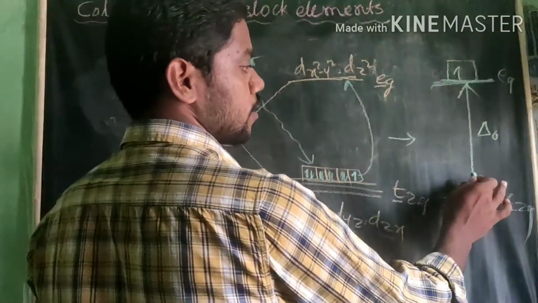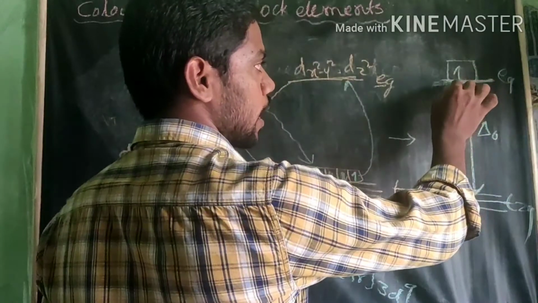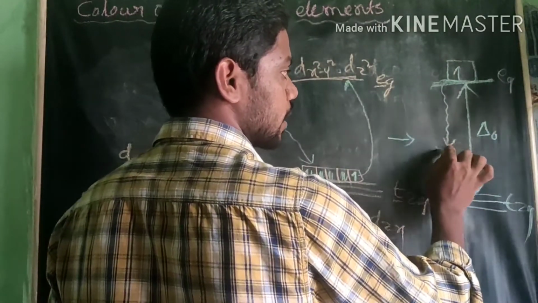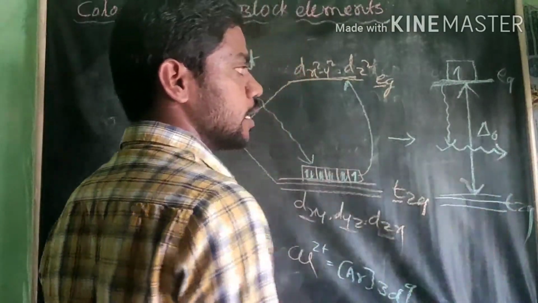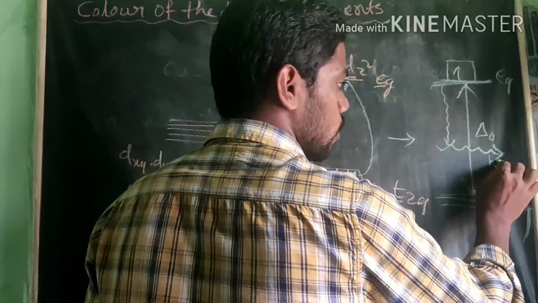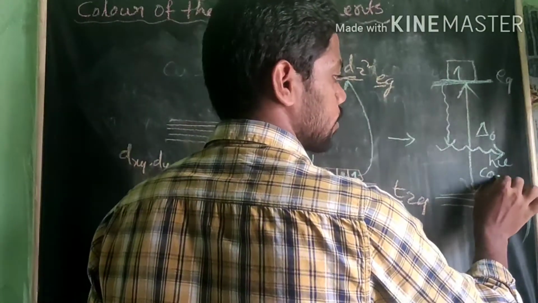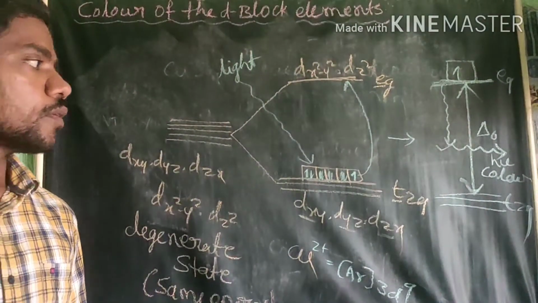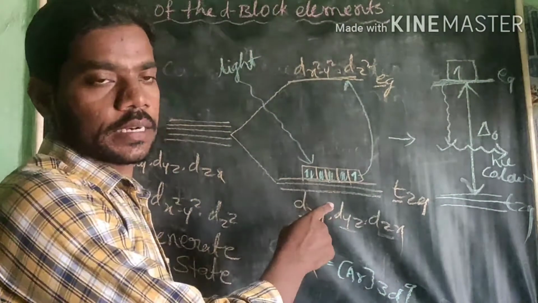Whenever this electron jumps from here to here and then comes back, it emits certain energy. This energy, h nu of light, is the color. Understood? You see here, initially one electron is there.